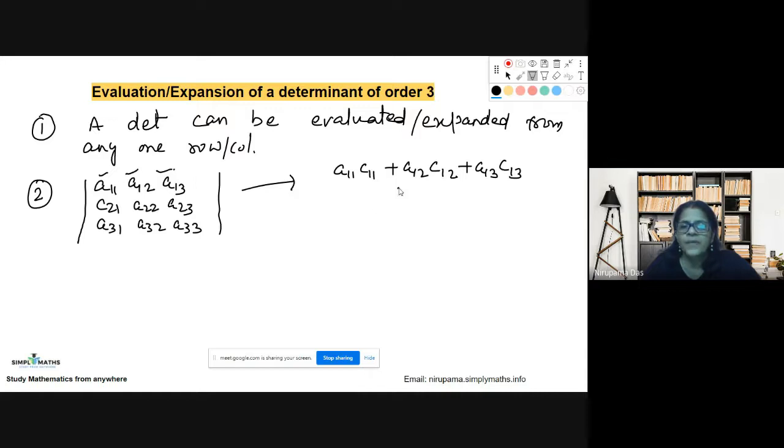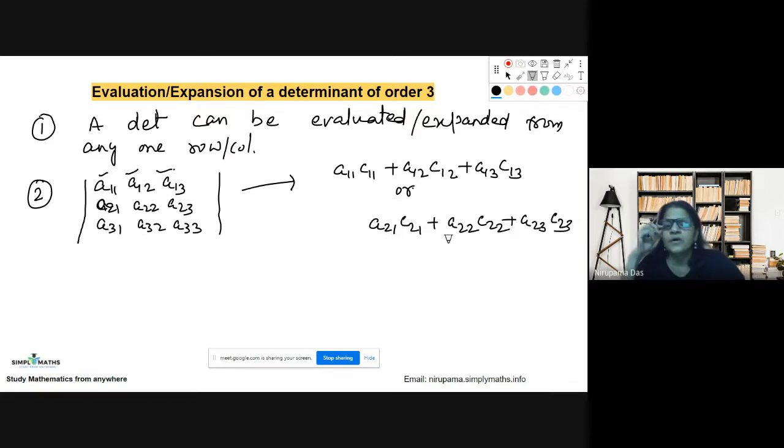Okay, or if I decide to take second row, then what should I do? Then here I can take A21 C21 plus A22 C22 plus A23 C23. Okay, so whichever row or whichever column we want to take, we have decided.